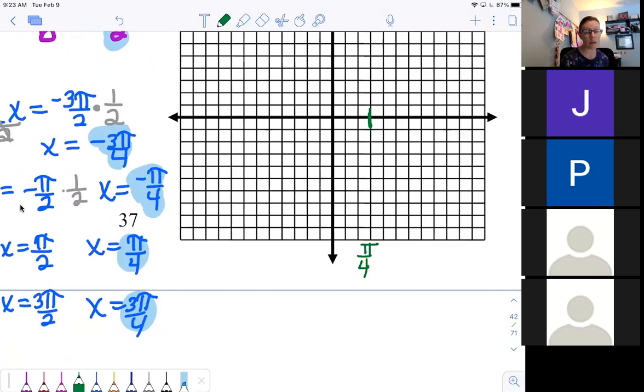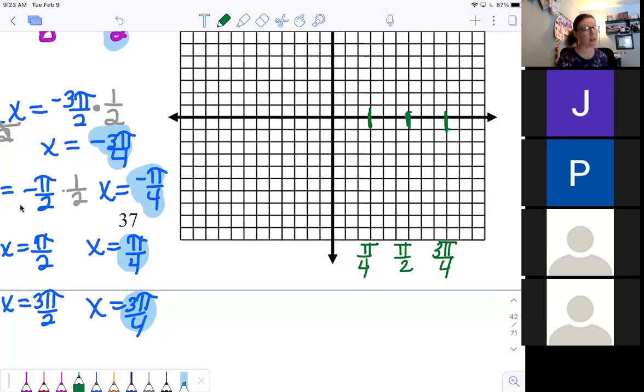Very similar to how we graph sine and cosine. Over 3 more. Over 3 more. So don't forget that in between pi over 4 and 3 pi over 4 is pi over 2. So I'm counting by pi over 4. So I have pi over 4, 2 pi over 4, 3 pi over 4.